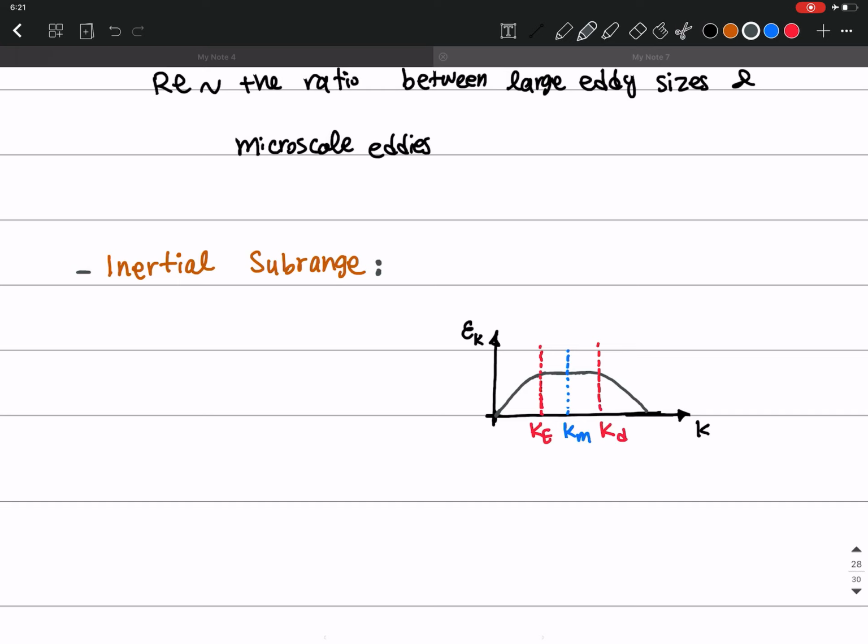That's for the inertial range. And also we know that this maximum value is the total dissipation in the flow, or epsilon. Okay?